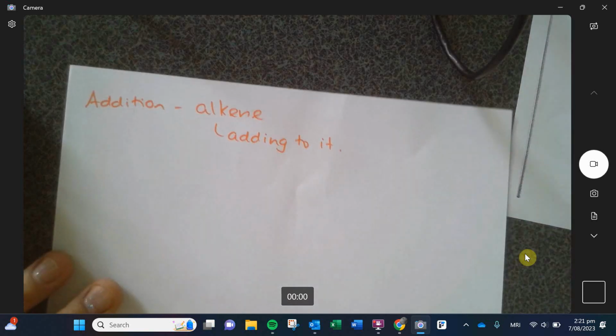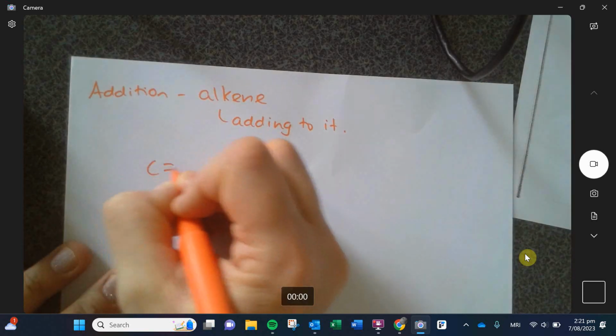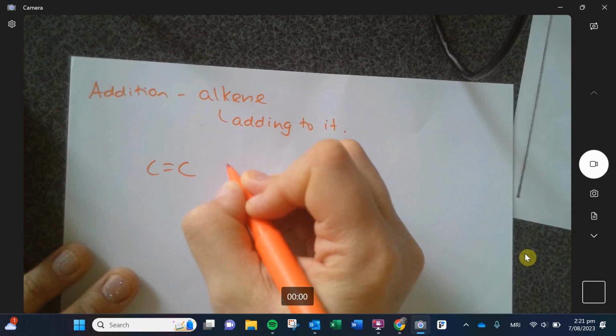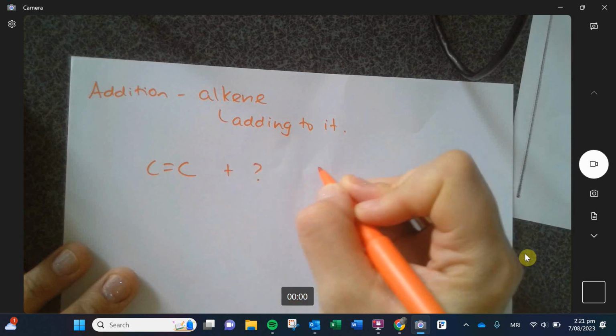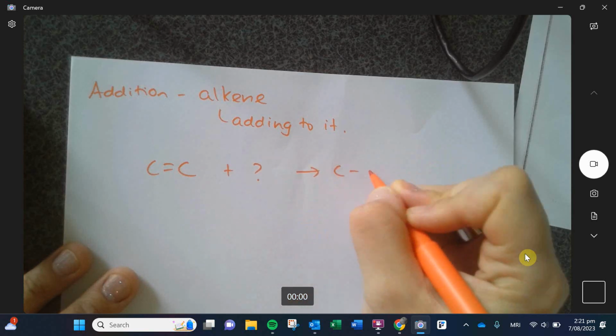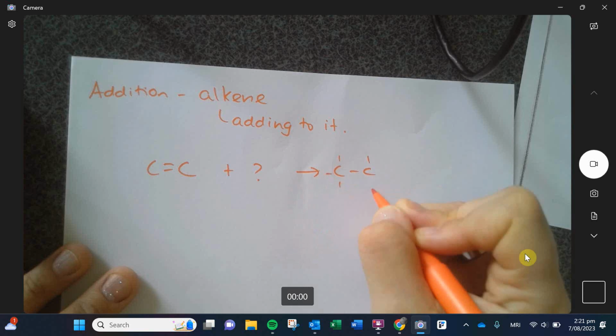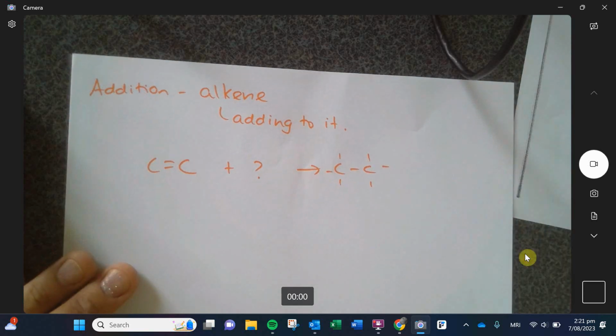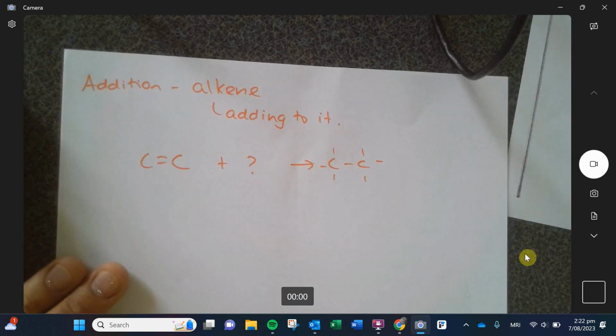So basically what we see with these addition reactions is that I have my C double bond C, and then I add something to it, and then I break my double bond to then form my single bonds, like that. So that's what we call addition. Are we okay with that so far?